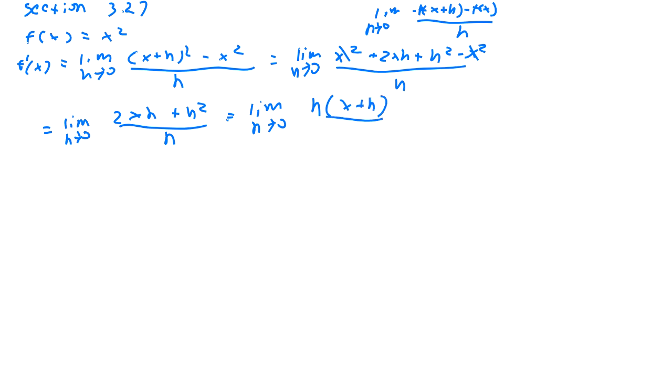These cancel. Now we can take our limit. We plug in 0 for h. And, sorry, that was supposed to be 2x. And then we get 2x as our derivative for x squared. And so we found that using limits. And this will work for any kind of function that you can take the derivative of. And we are going to show a more complicated example now.